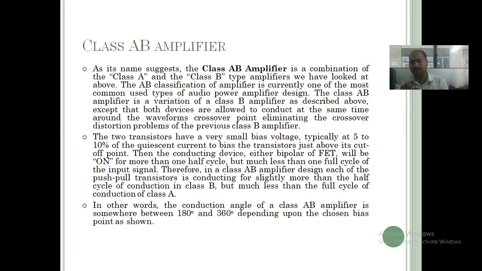So one of the transistors is always on, and no transistor is turned off completely. The output keeps coming across the devices, so no distortion comes. This happens with the class AB amplifier because it works greater than 180 and less than 360 degrees only.